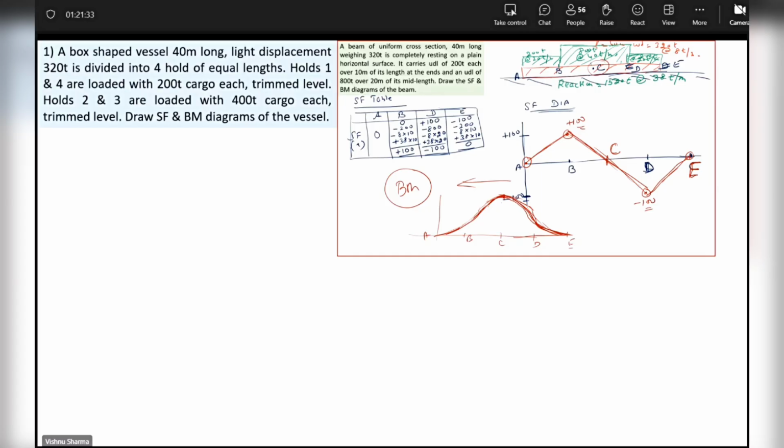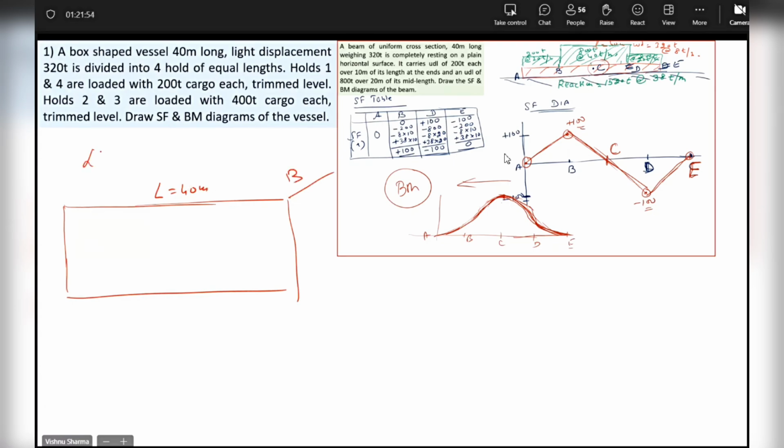I brought that question here. Now I want you to read this first question. It says, a box-shaped vessel 40 meters long has a light displacement of 320 tons. So this is the box-shaped vessel. Length 40 meters, breadth not given, light displacement 320 tons. It is divided into 4 holds of equal length. So each hold is 10 meters. Let's say 1, 2, 3, 4.